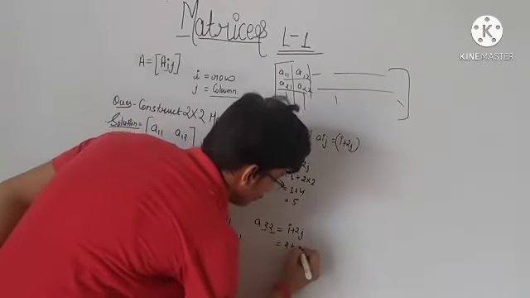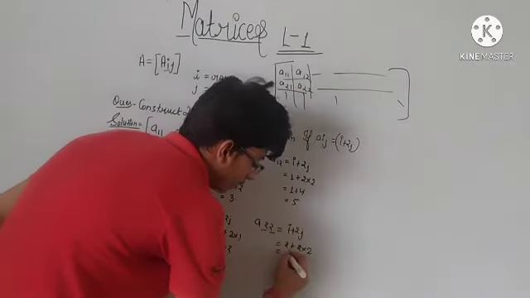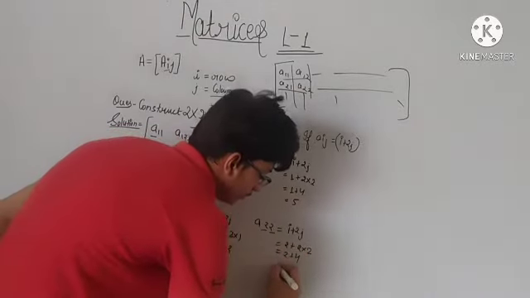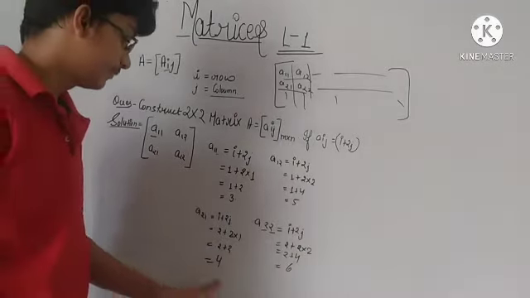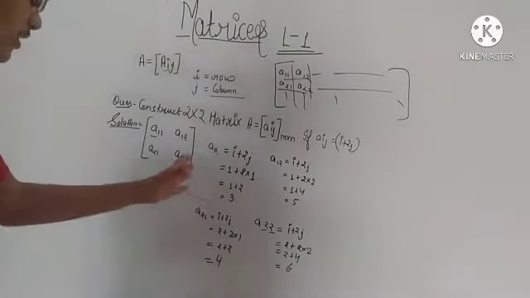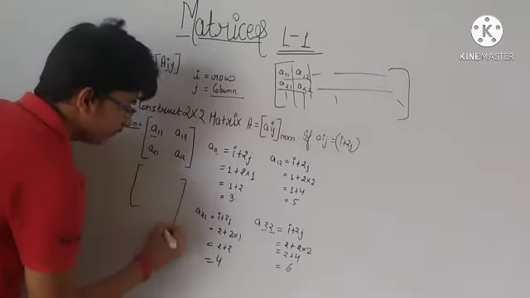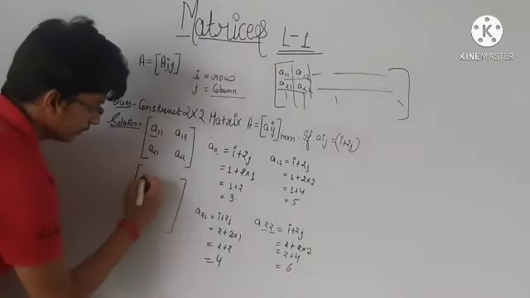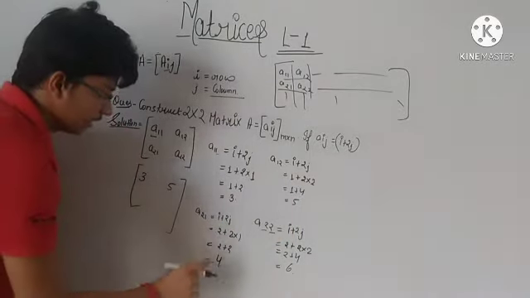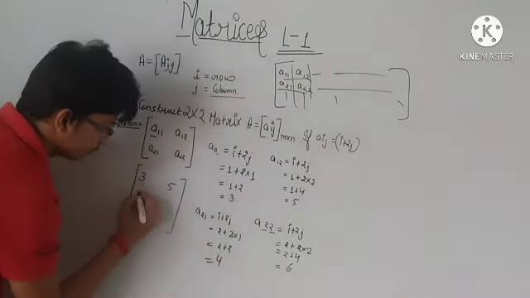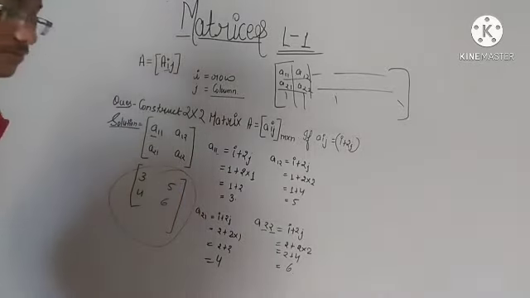So 2 plus 2 into 2, तो 2 plus 4 is 6. तो हमारे चारों एलिमेंट्स की वैल्यू हो गई 3 5 4 6. अब हमें ऑर्डर कंस्ट्रक्ट करना, तो यहाँ पर value of A11 3, value of A12 5, value of A21 4 and the value of A22 6. तो ये हमारा हो जाएगा आंसर.